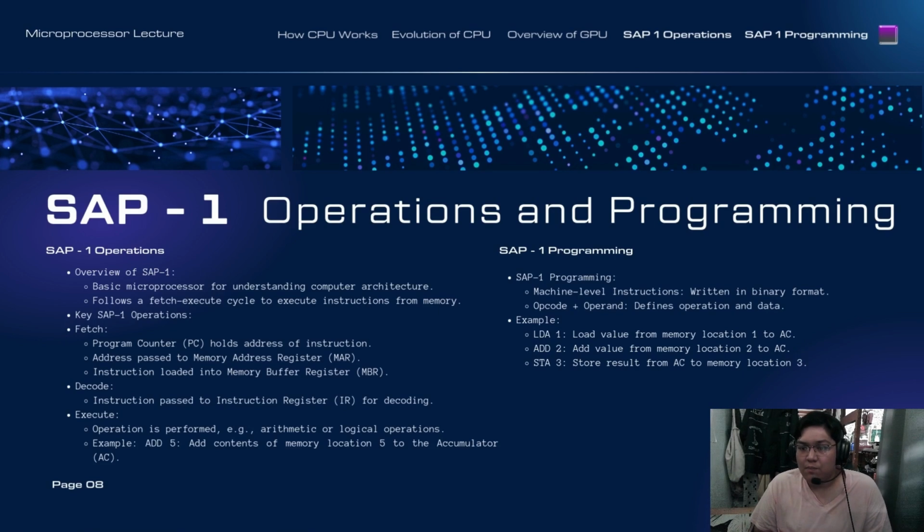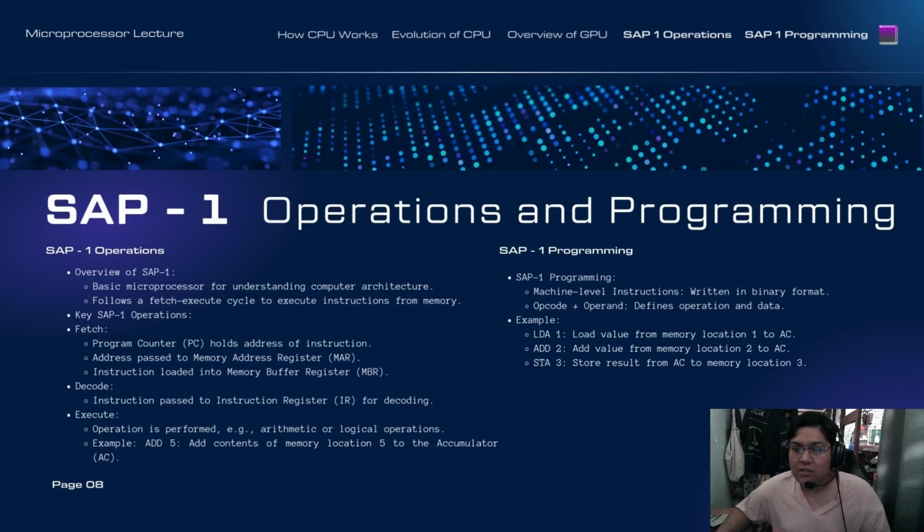From the early simple operations of microprocessors like the SAP1, which is as simple as possible a computer, or basically a mini computer, to the now sophisticated 32-bit processors with pipelining and advanced memory management, we've seen how CPUs have evolved to improve performance over time.